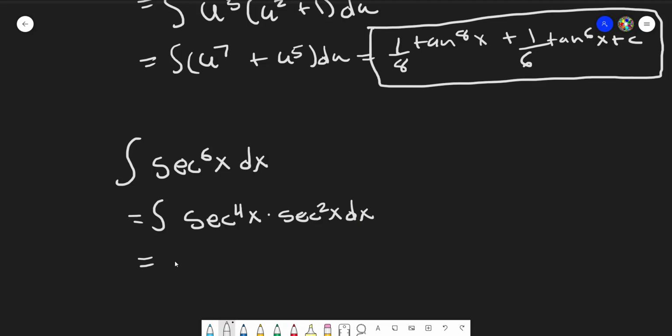But now, at this point, you should see where I'm going with this, that you can actually just substitute the identity tangent squared x plus 1 squared, and then you have secant of x squared dx, which basically means that this is more or less just a repeat of what you've already seen, essentially.